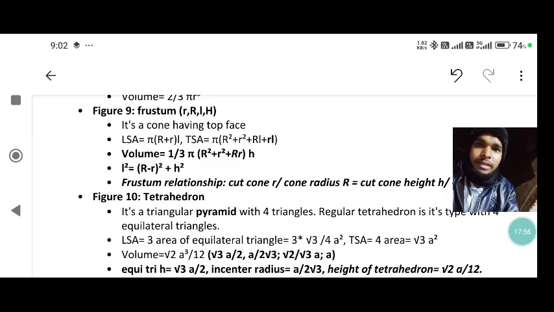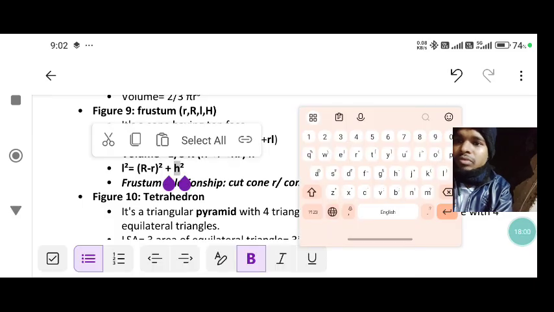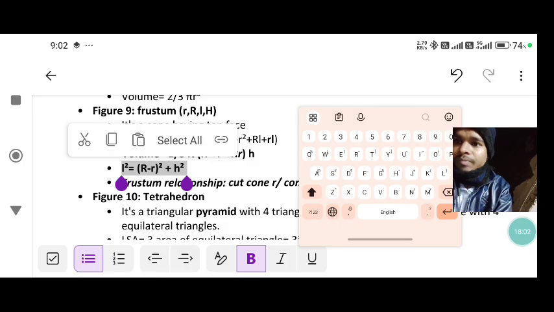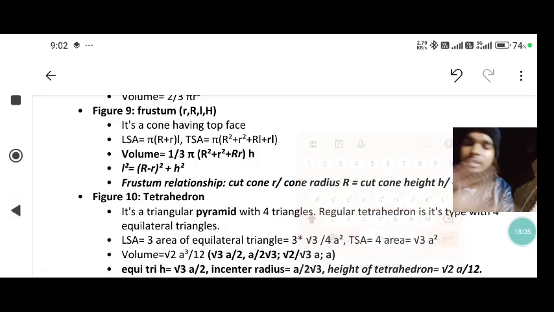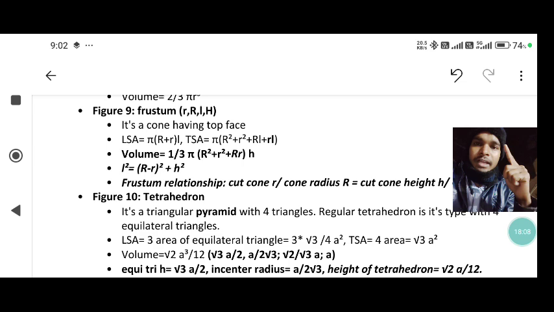And for L square, there are two more important formulas. This L square is equal to H square plus the base, where the base is the difference of the radii, capital R minus small r, squared. So (R minus r) square plus H square will give L square.